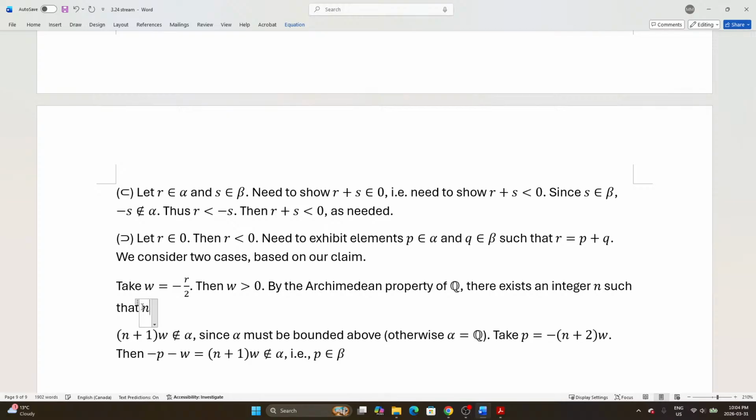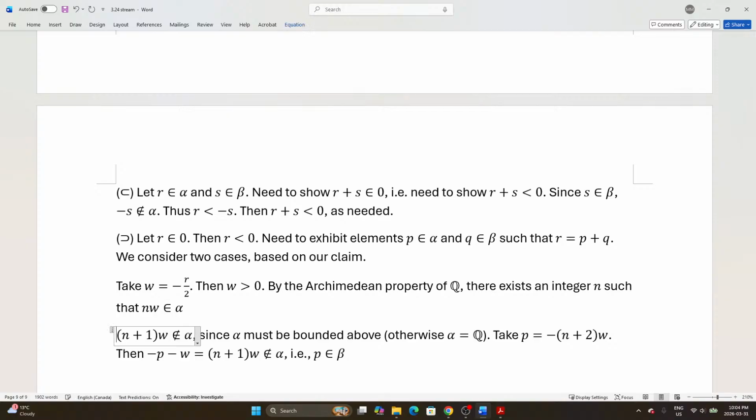Imagine you're walking on the positive axis and taking a step of size w at a time. Because alpha is bounded above, if you walk enough steps, you will leave alpha. So n is the last step where you're still in alpha. So nw is in alpha. This must exist.